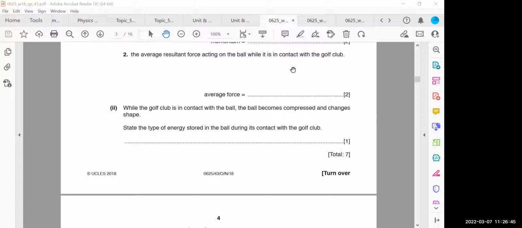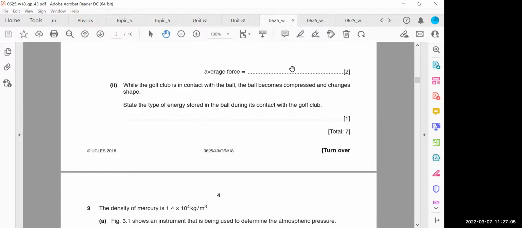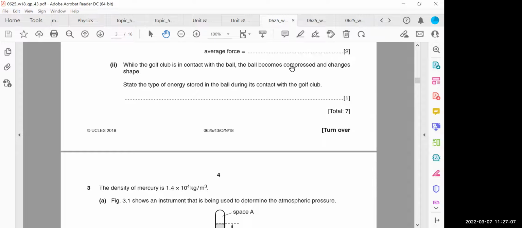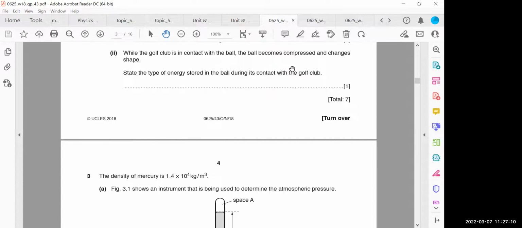Yeah, the ball becomes compressed due to the average force acting on the ball for a short period of time, and this is due to the elastic potential energy or the strain energy, or as Pari said, the elastic energy, you can use the word elastic energy, children. Yes, and Ruth's answer is correct. The question is also correct.